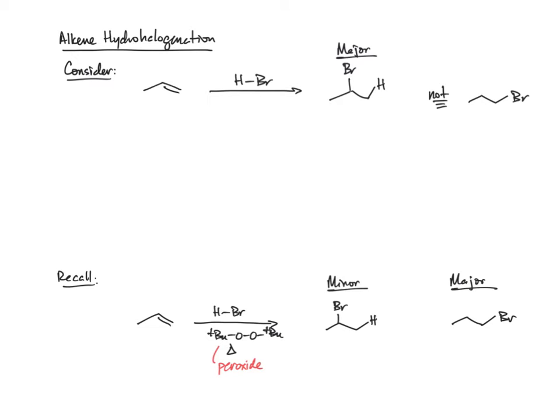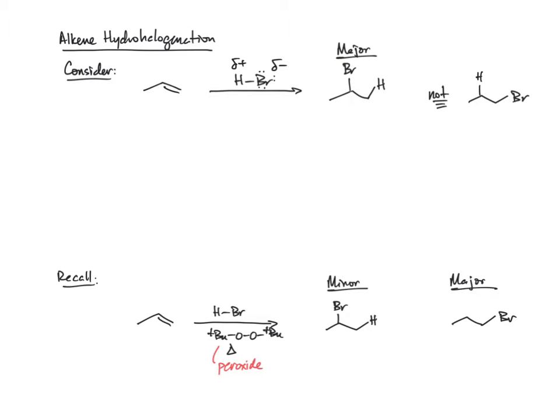If I put in this H here, now you can see those elements of HBr. We have delta minus, delta plus. Here's your electrophile. Here's your nucleophile, the pi bond.